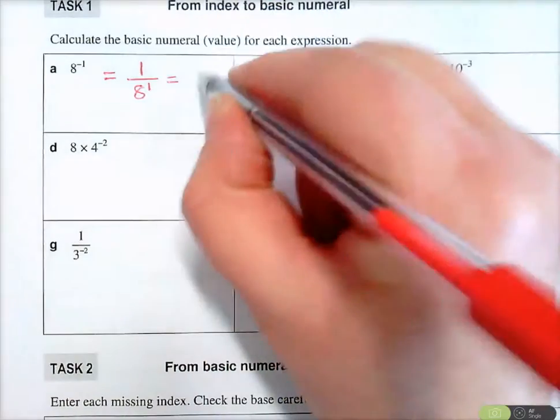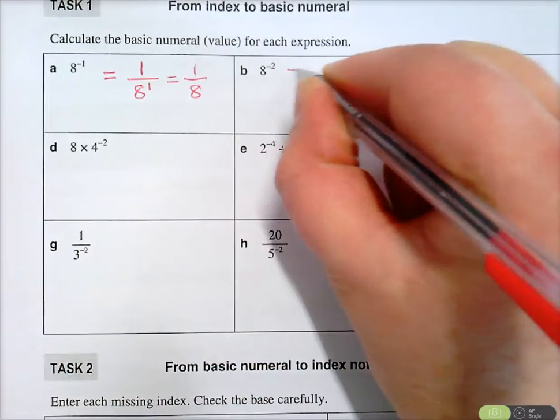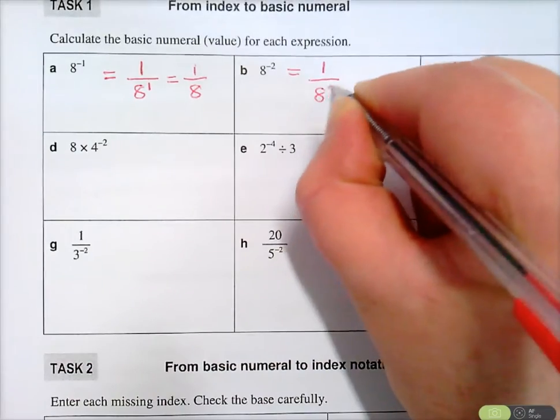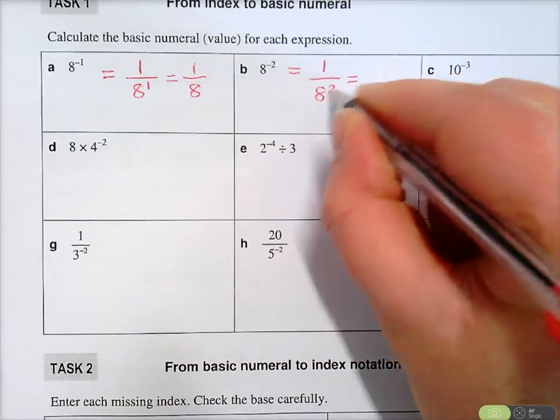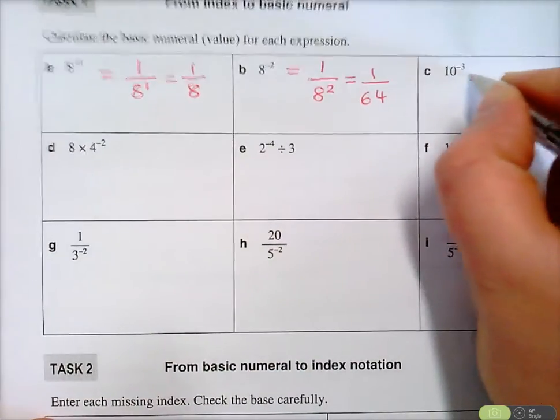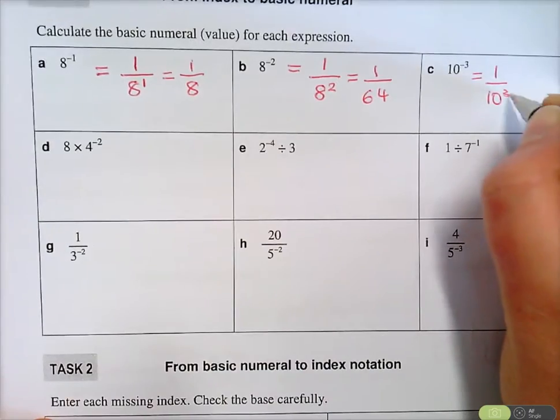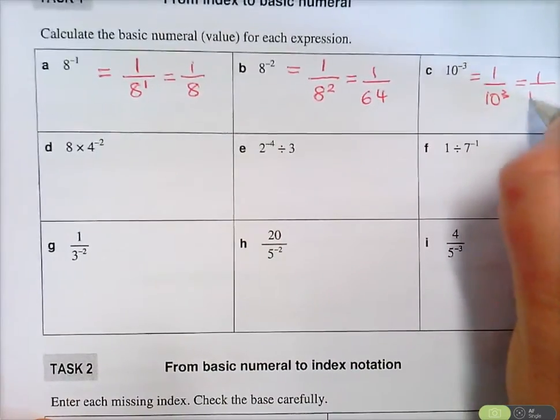Girls, can you do them yourselves, please? Negative 1 over, what's left? 8 squared. What's 8 squared? Negative is 1 over 10 cubed, which is 1,000.